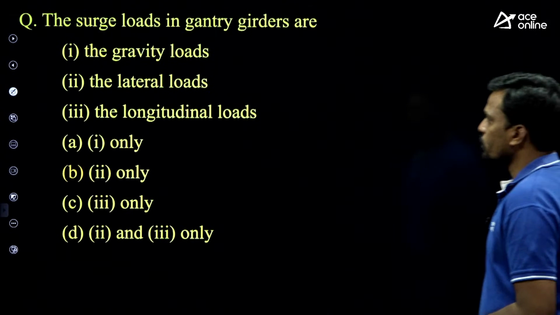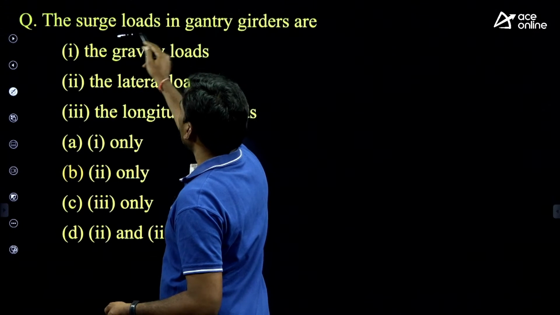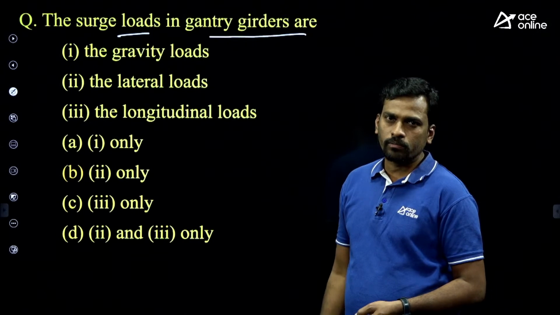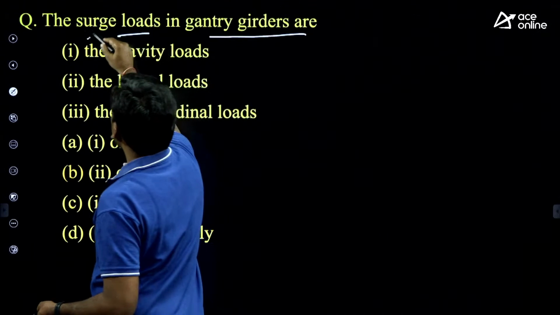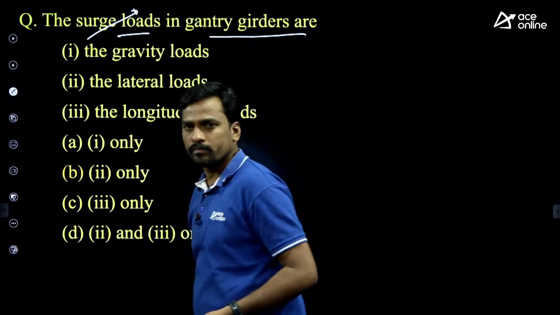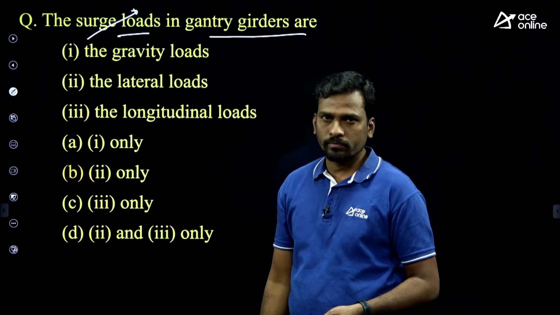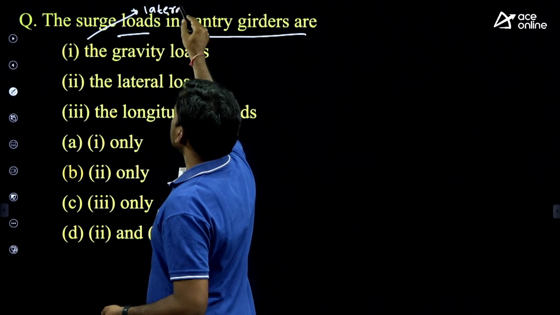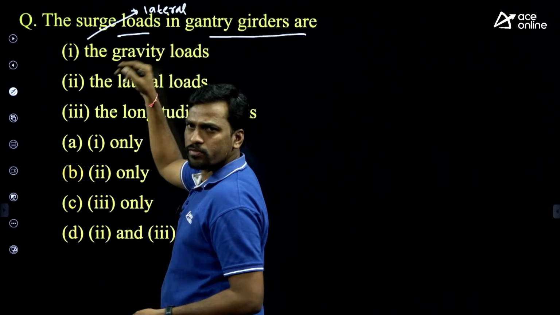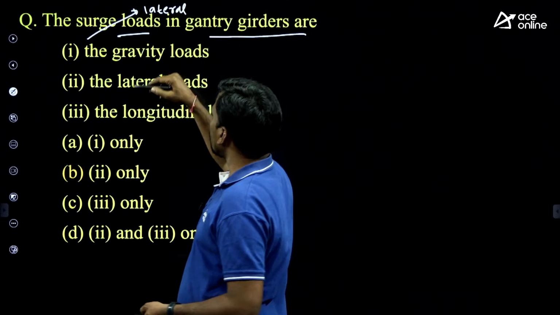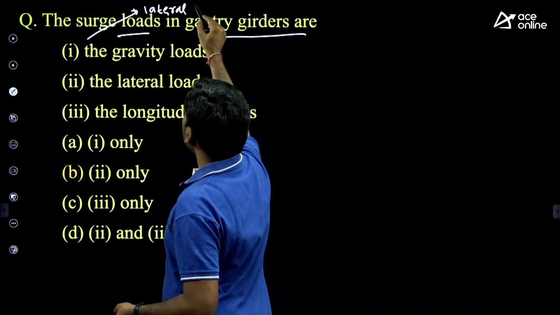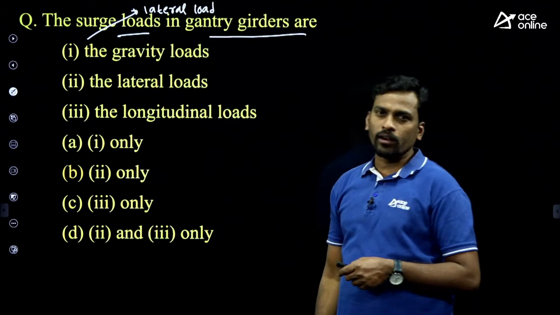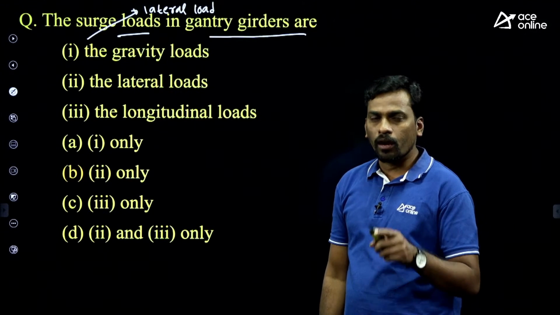Next question. The surge load in gantry girders: is it gravity load? Surge load is nothing but lateral load. Students, gravity load is vertical load. So surge load is also called lateral load, and drag load is also called longitudinal load.